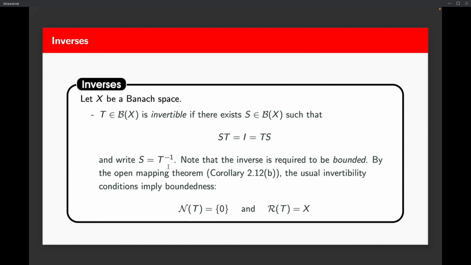However, the open mapping theorem, as Rudin points out, actually does imply that it is sufficient to have bijectivity. So if the null space of T is 0 and the range of T is X, then you are in fact invertible according to this definition. The inverse will be bounded as well.